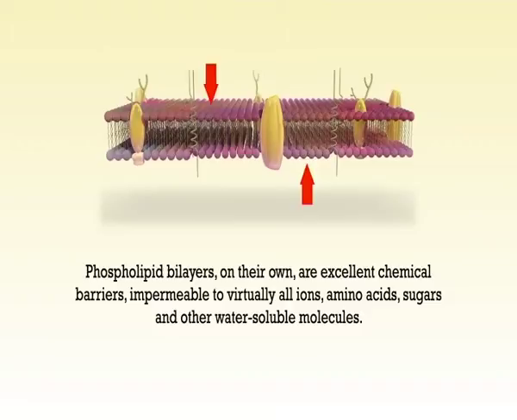Phospholipid bilayers on their own are excellent chemical barriers, impermeable to virtually all ions, amino acids, sugars, and other water-soluble molecules. In fact, only a few gases and uncharged small water-soluble molecules can readily diffuse across a pure phospholipid bilayer.